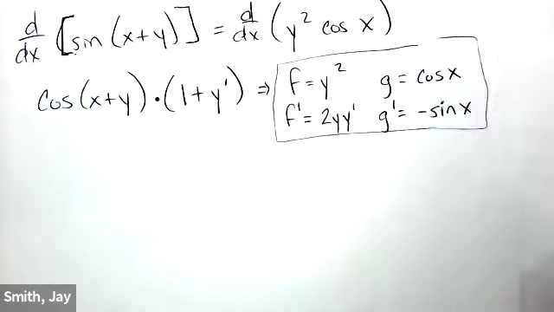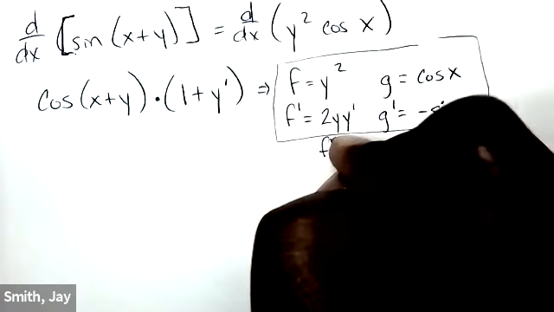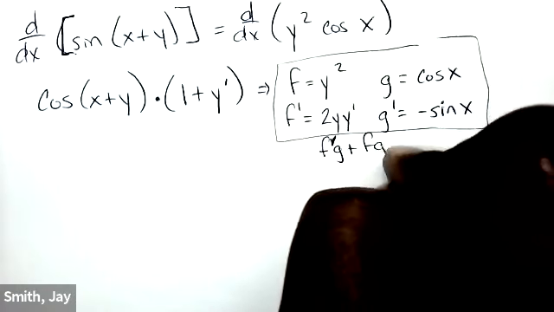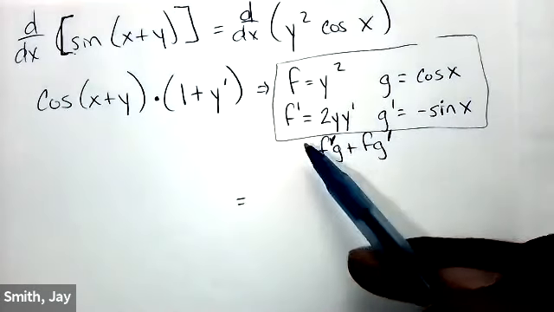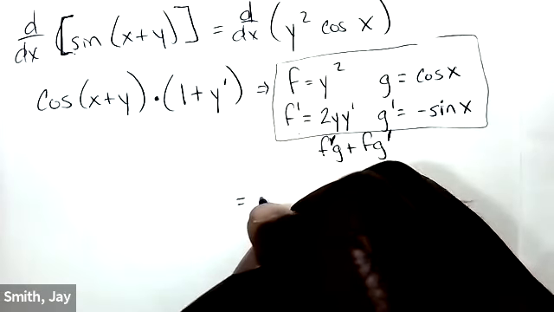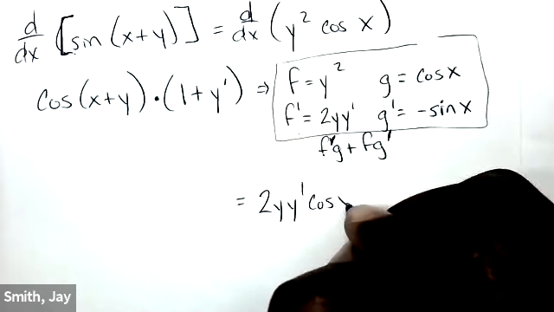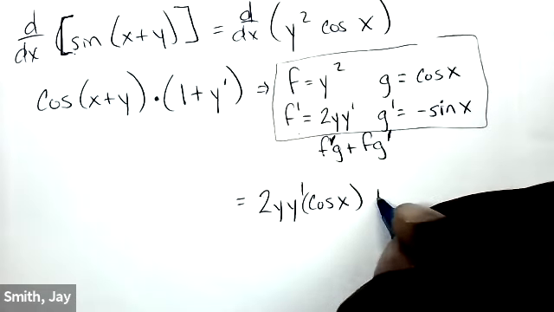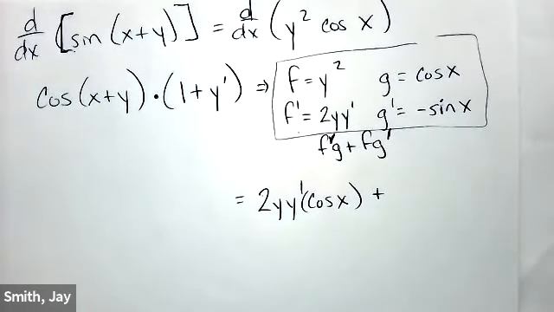So we have f, g, f prime, and g prime. Remember the product rule: f prime g plus f g prime. So plugging everything in its appropriate place, f prime g is 2y y prime times cosine x, plus f g prime, y squared times negative sine x.